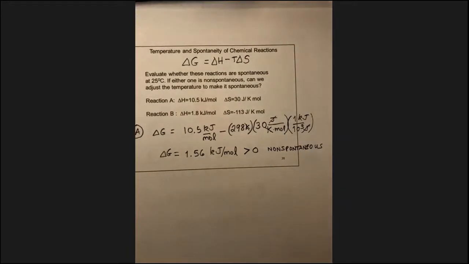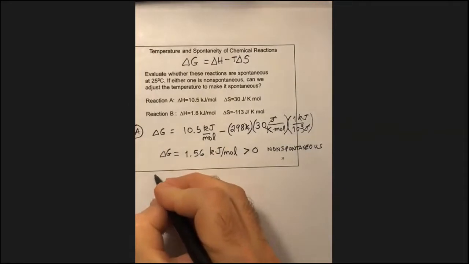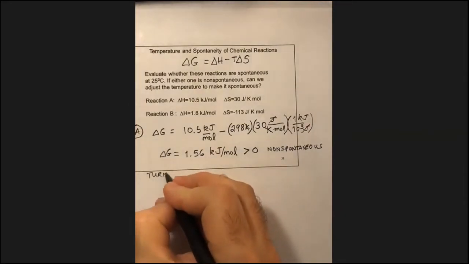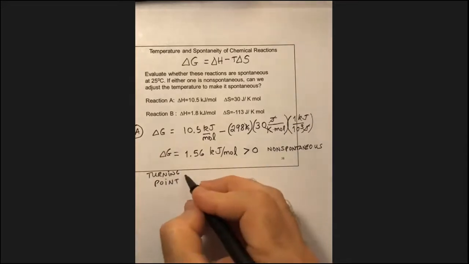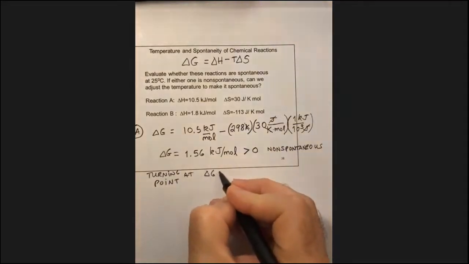Now, can we find a temperature at which we'll turn it around and make it a spontaneous reaction? Well, remember, the turning point would be the temperature at which delta G becomes 0. In other words, it switches from non-spontaneous to spontaneous when it reaches equilibrium. So our turning point would be at delta G equals 0.